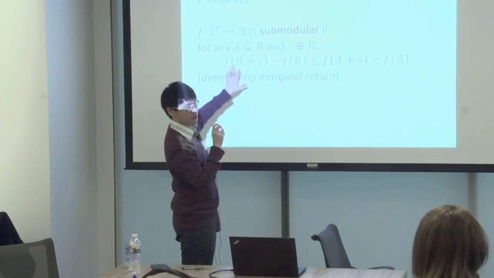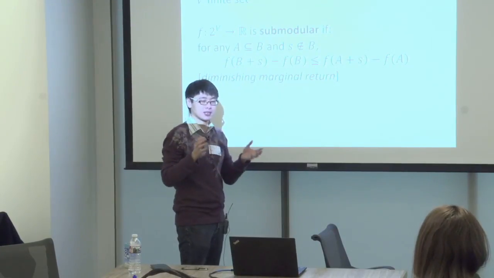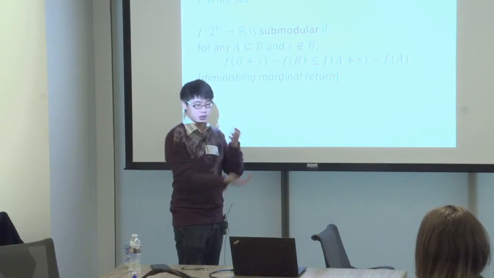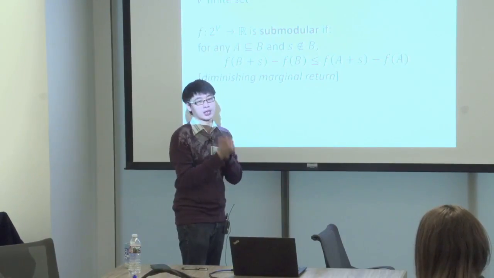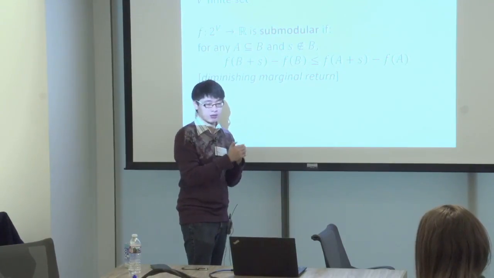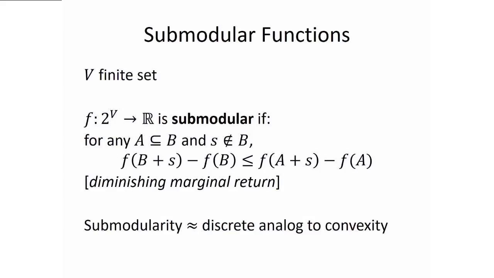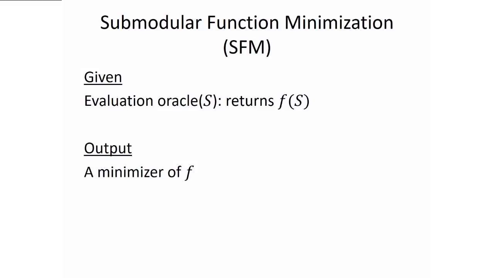The actual definition doesn't matter that much, but it basically captures the diminishing marginal return you see in economics. It's a discrete analog to that. And the SFM problem is just to minimize the submodular function.